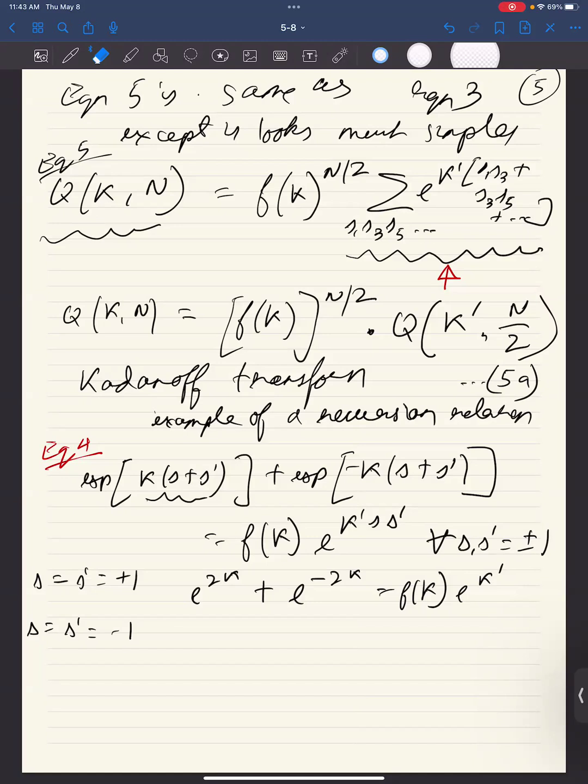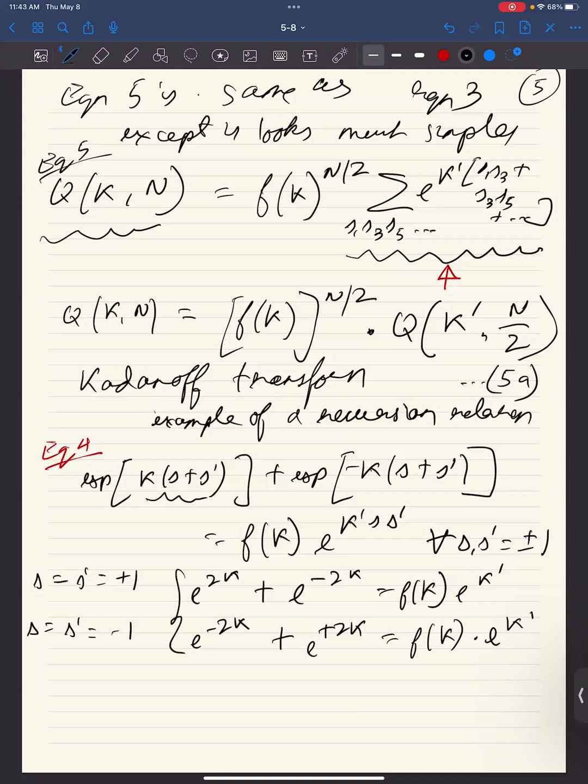So I will get, sorry about that, e to the power minus 2k in this one. And what will be the right side? e to the power plus 2k. And then this will be f of k. And what will this be? e to the power k prime. s multiplied by s prime is still the same, it is plus 1, e to the power k prime. Did we get a new equation? We got the same equation, right? So one of the cases already gave us a repeated equation.